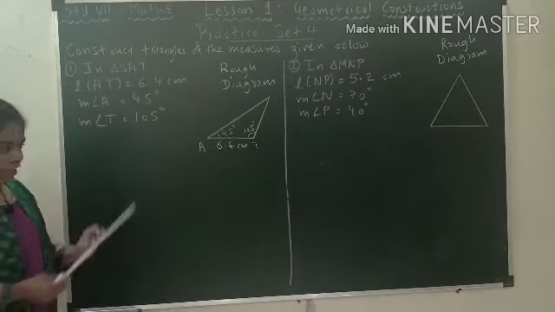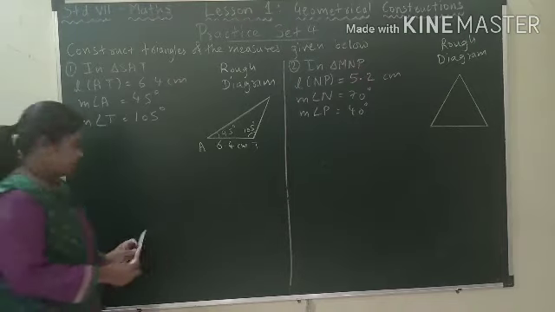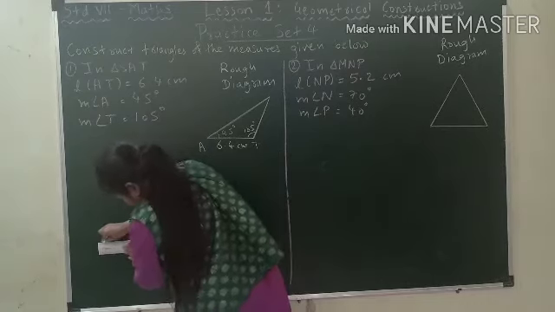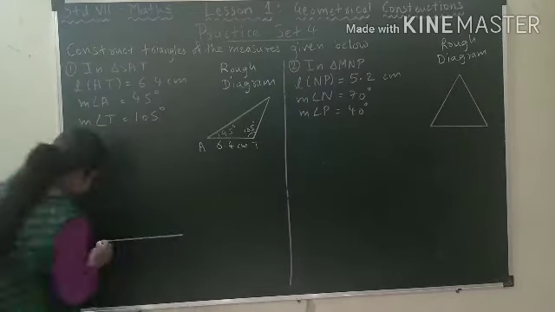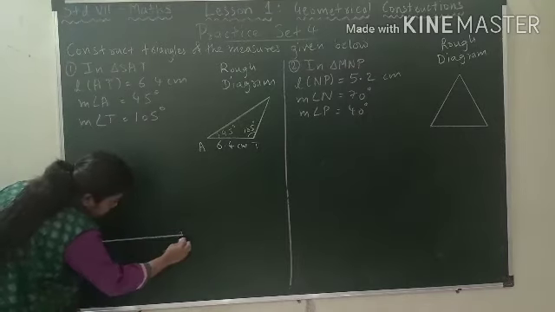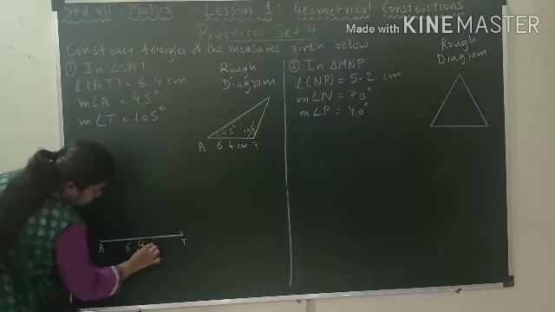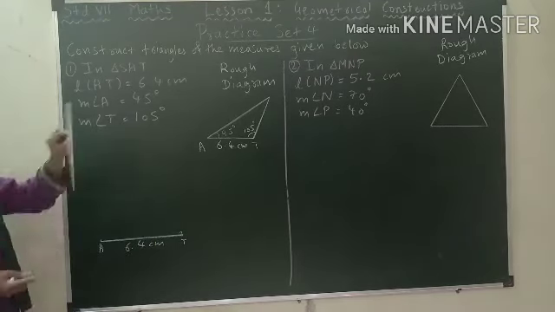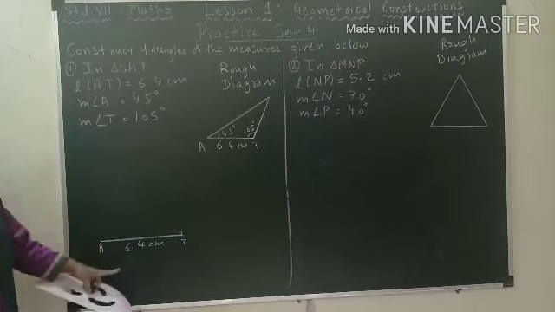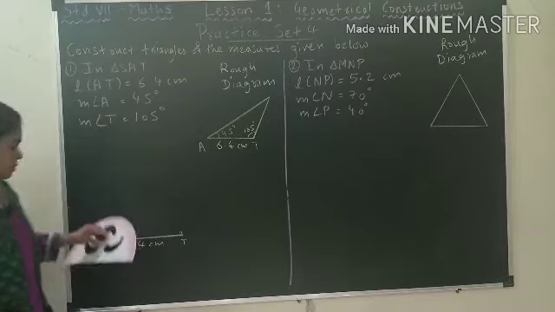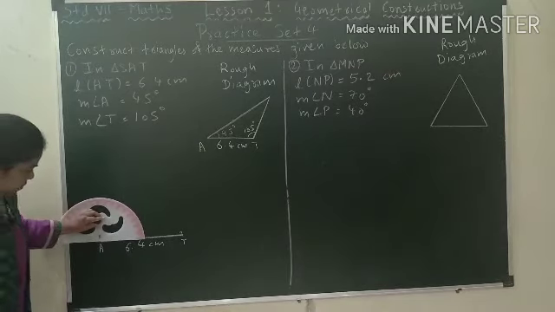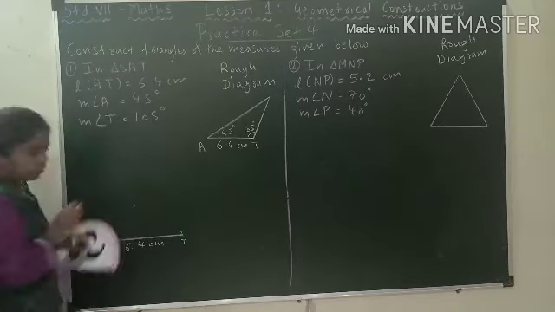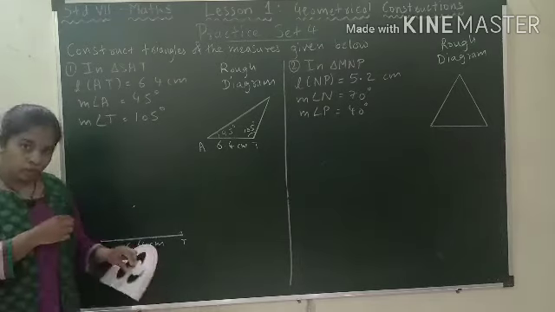First we'll finish with the base, 6.4 centimeter, AT. That's 6.4 centimeter. Now we will use the protractor for making 45 from here and 105 from here. 45 and 105 also I will mark.